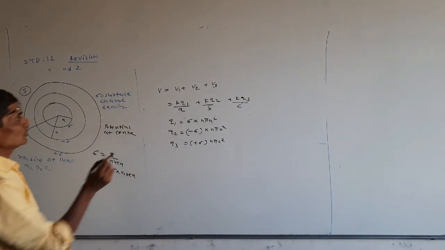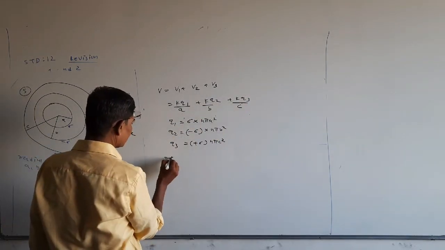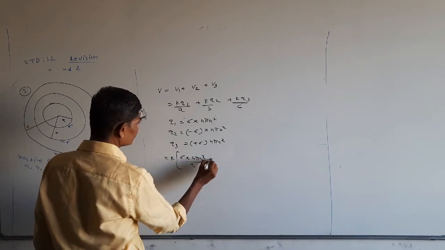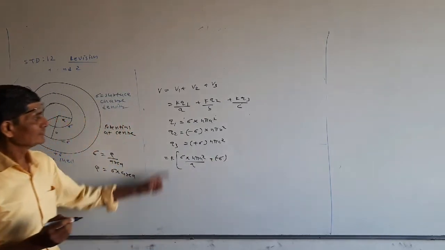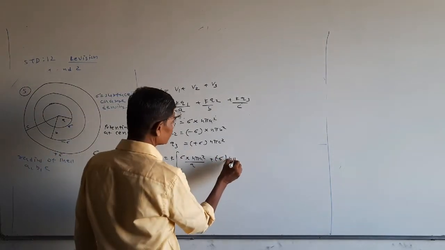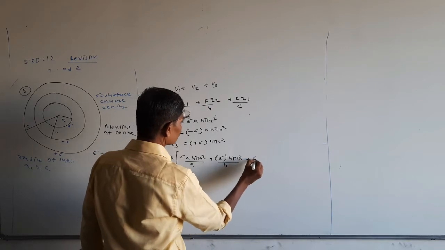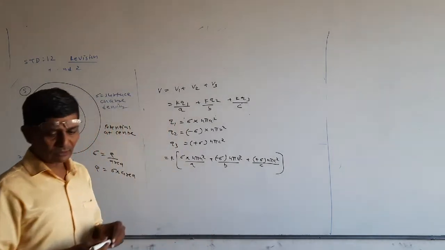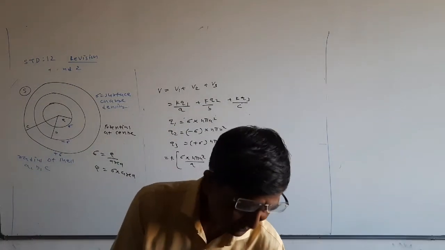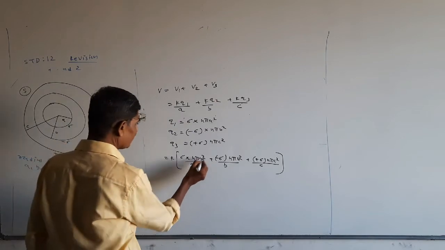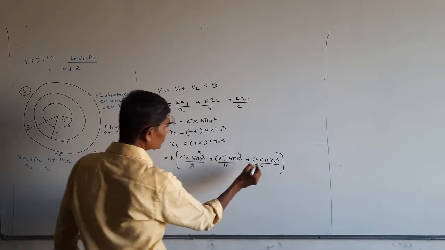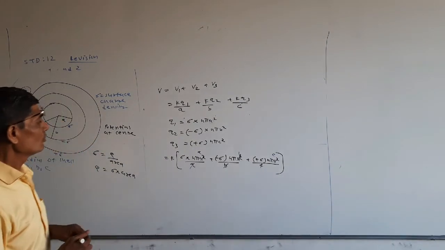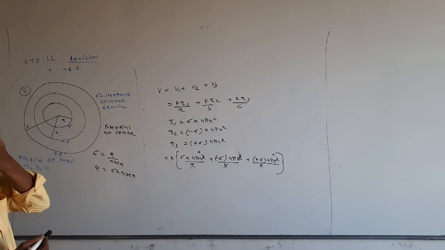Now if I substitute the Q1, Q2, Q3 values, K is common, sigma into 4 pi A square upon A, then sigma minus sigma, as given to us. See what we can see here: one of the A will get cancelled, here C will get cancelled. Now what can we take common? 4 pi sigma is common.